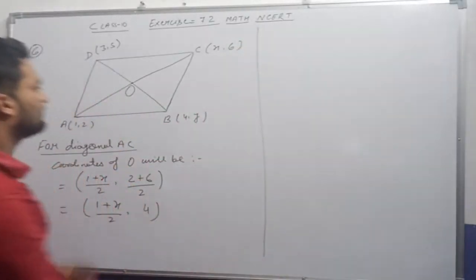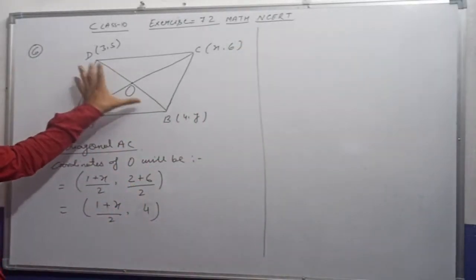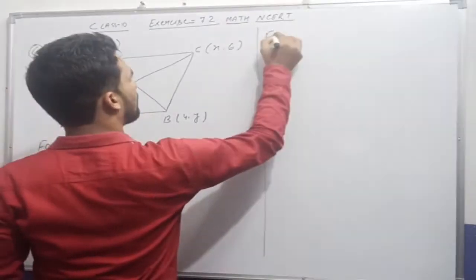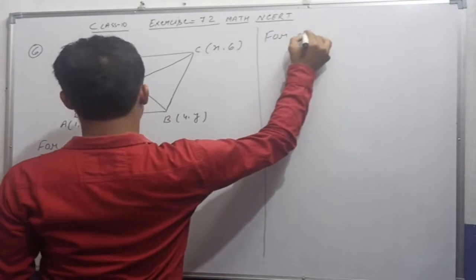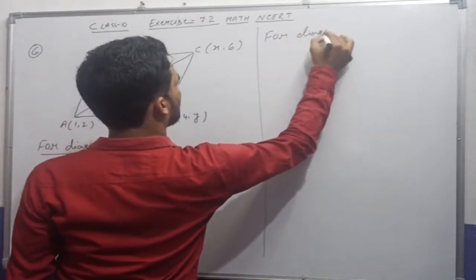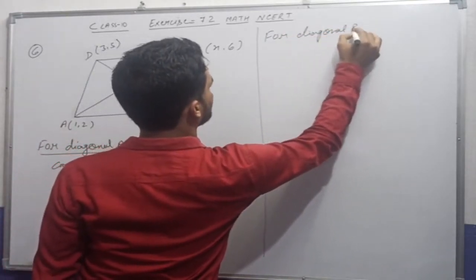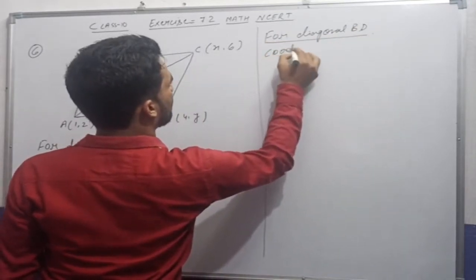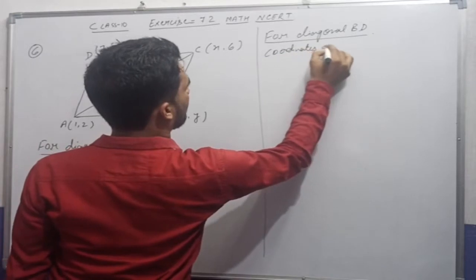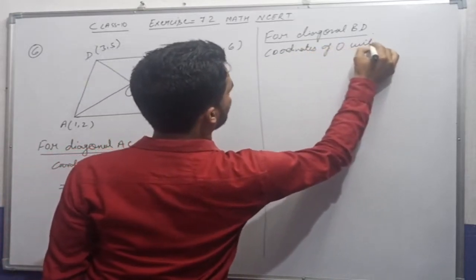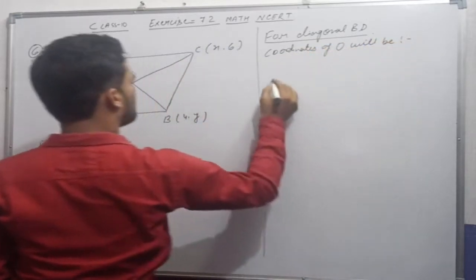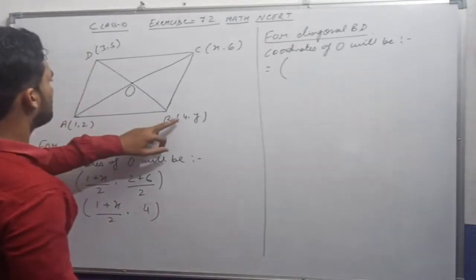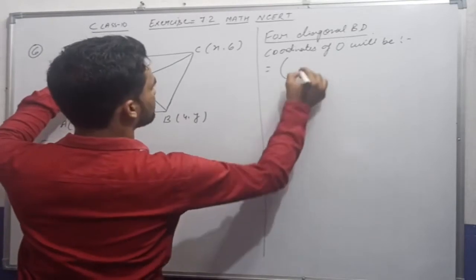Similarly, BD is also a diagonal of the parallelogram. So for diagonal BD, coordinates of O will be 4 plus 3, that is 7.